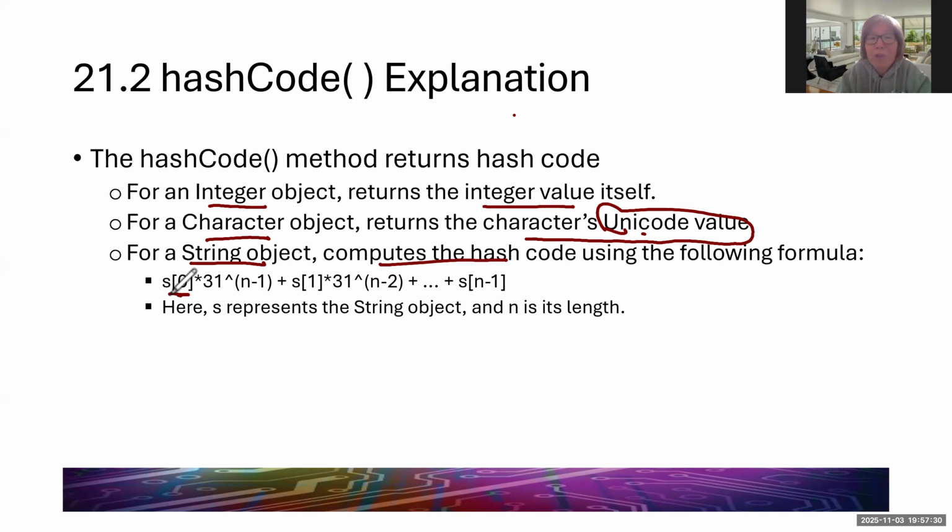Each letter is multiplied by 31 to a power, based on the length of the string and where the letter is in the string. We can use this formula to calculate the hash code.